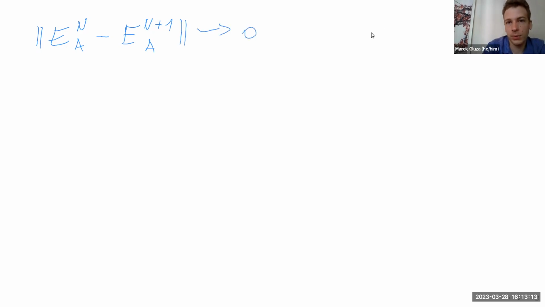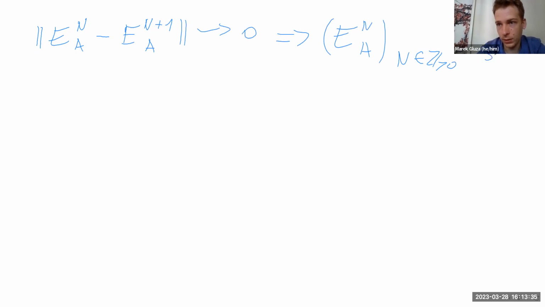And this is this Cauchy property. Okay, so then we say that E_n A, where n ranges over the positive integers, is a Cauchy sequence.